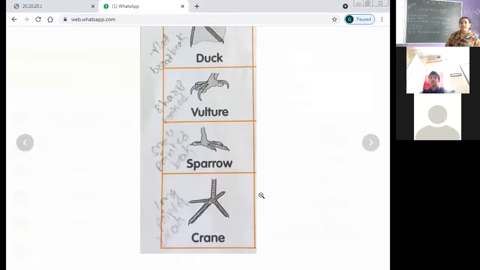So the crane walks in muddy water and catches the fish. According to its living place near the water bodies, where the place is very muddy, it walks in muddy water and catches fish. So according to that, it has long legs and spread-out feet.